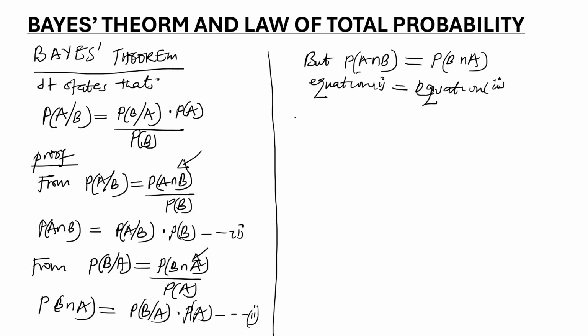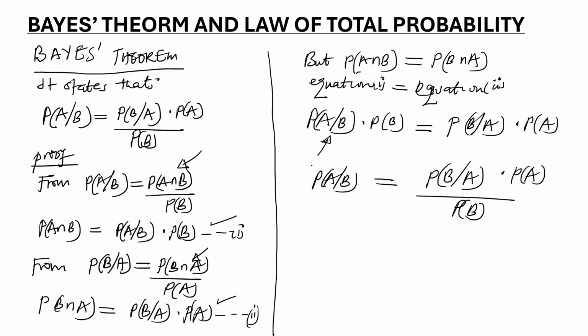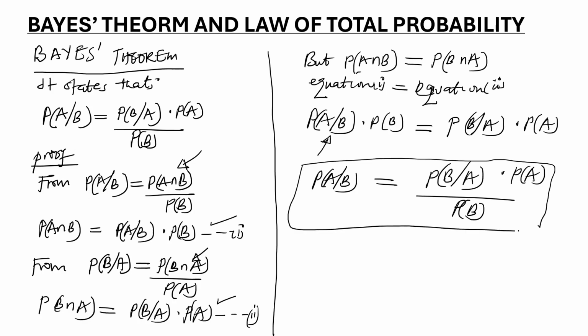We equate the two expressions: the probability of A given B times the probability of B equals the probability of B given A times the probability of A. Making this term the subject, the probability of A given B is equal to the probability of B given A times the probability of A, then we divide by the probability of B. This is what we call Bayes' theorem. We shall use it later.